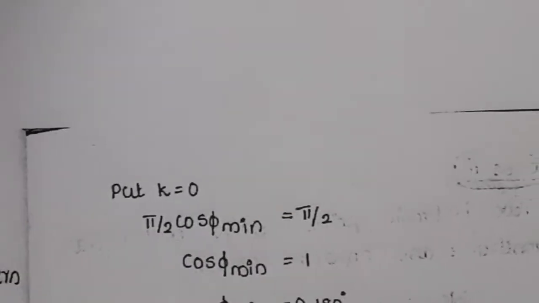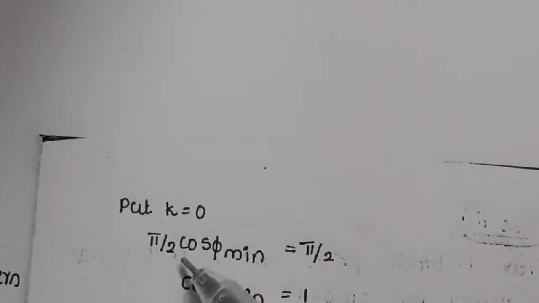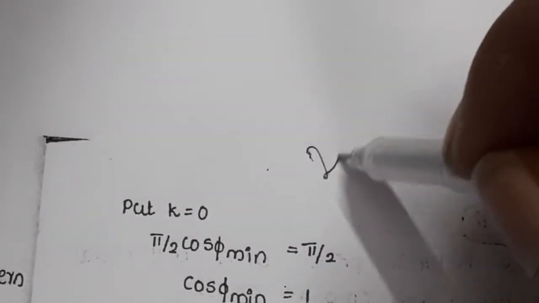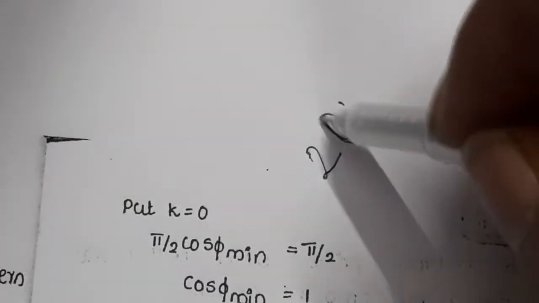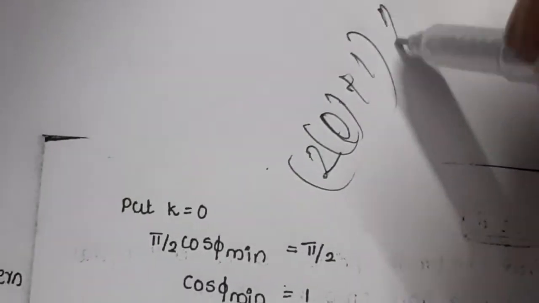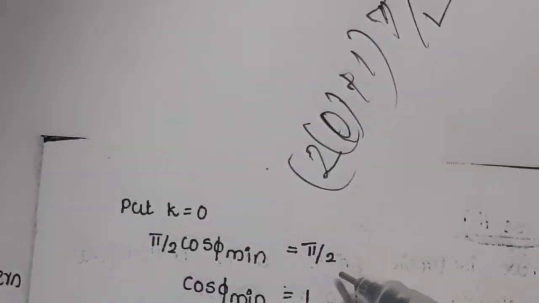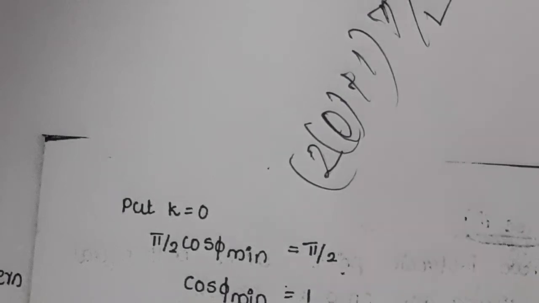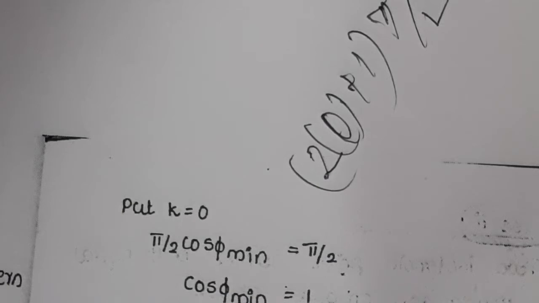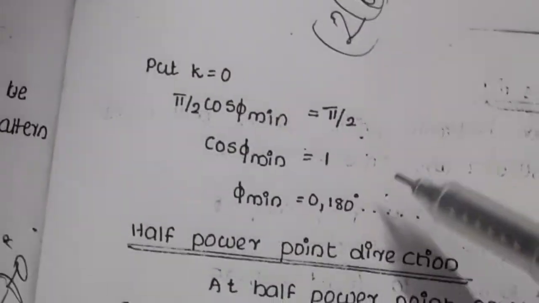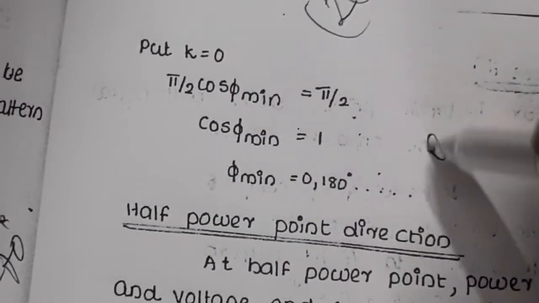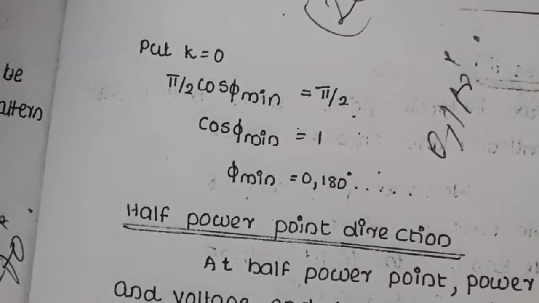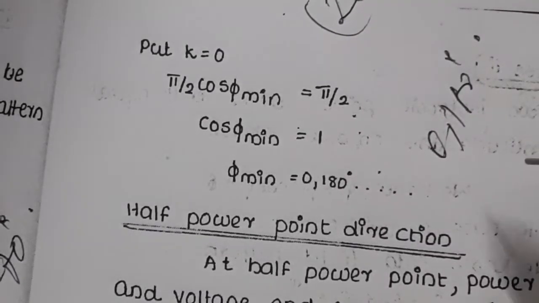Putting k equal to 0, pi by 2 cos phi minimum is equivalent to 2 into 0 plus 1 into pi by 2. Then you get pi by 2, so cos phi minimum is equivalent to 1, and phi min equals 0 and 180 degrees. Previously we had the maximum at 90 and 270 degrees, and now the minimum is at 0 and 180 degrees.